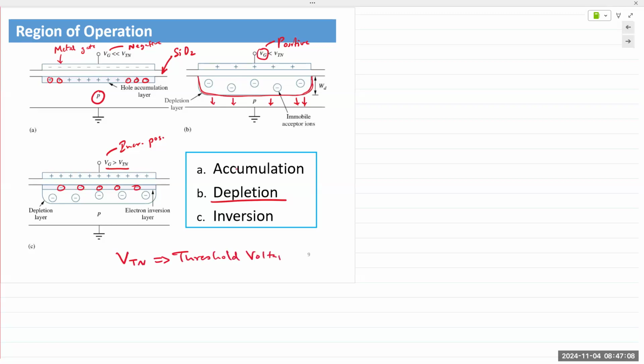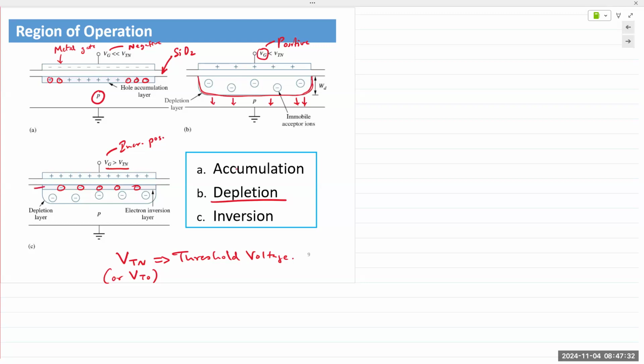It is also referred to sometimes in some books as VTO. And that's the point where the positive sheet layer turns into a negative sheet layer. And these are negative charge carriers that are free to move about and conduct electricity, or conduct current.